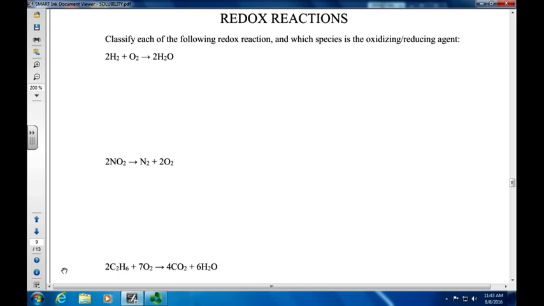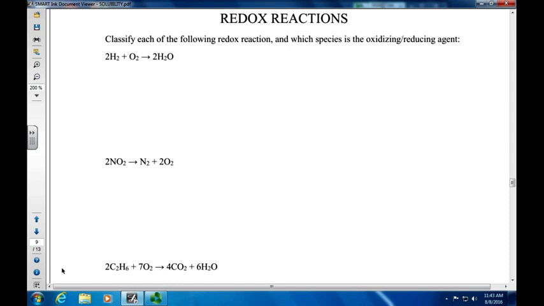Redox reactions. We're given the task to classify each of the following redox reactions and which species is the oxidizing agent and which is the reducing agent. So to classify it means that we're going to determine what kind of reaction we are dealing with.